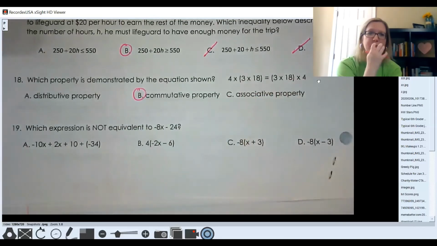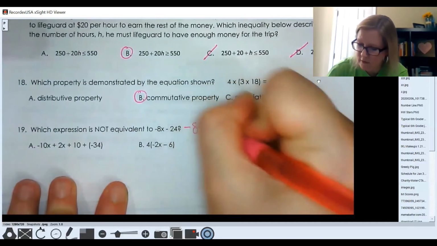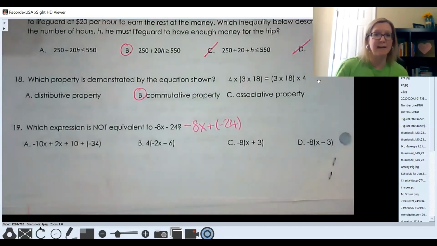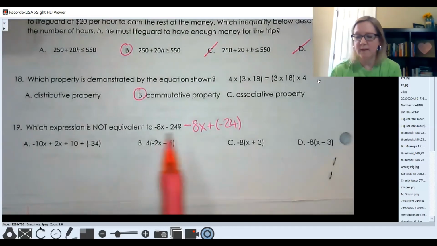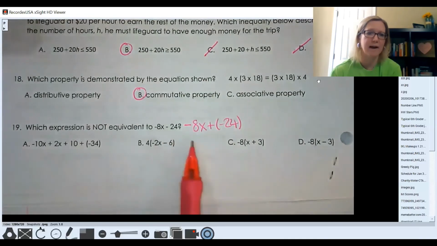Okay, last problem. Which expression is not equivalent to negative 8x minus 24? Well, the first thing I would actually do on that is rewrite that as negative 8x plus negative 24. They mean the exact same thing, but as I've said before, it's going to be easiest to write your minus signs as adding the opposite.